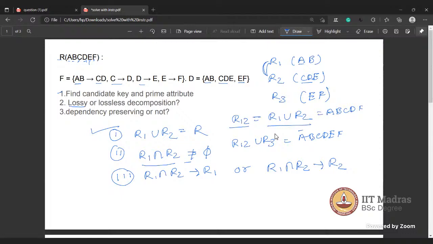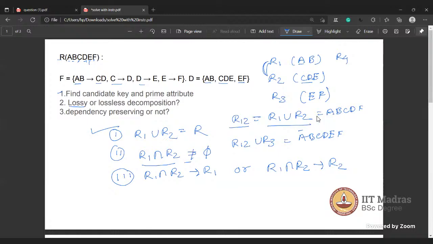Does this representation represent all the relations' union? Yes. If there is another decomposition, then you have to make another temporary relation, like R1 and R3, and you have to join. You have to repeat this method.